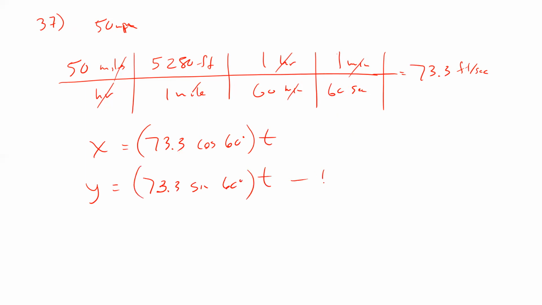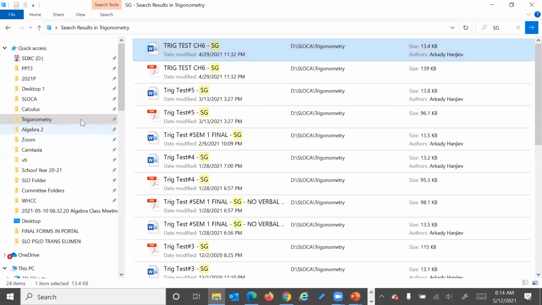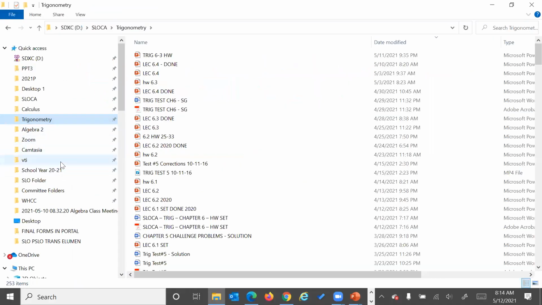Where did you get 60 degrees from? From example 5. It says at an angle of 60 degrees from the horizontal. Okay, 2 equations, a little bit of time to get there. So let me go to geometry.